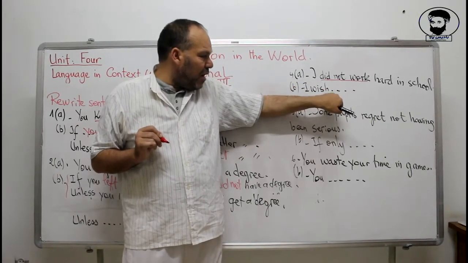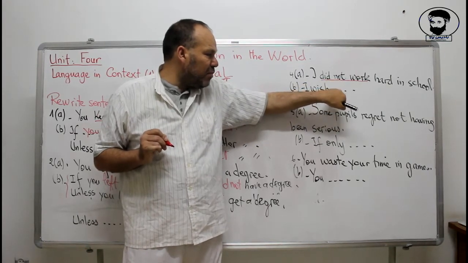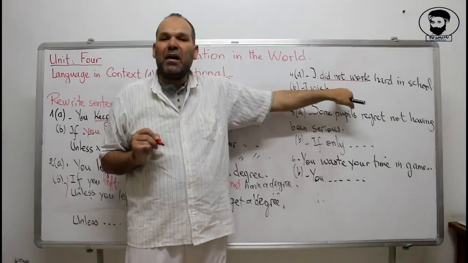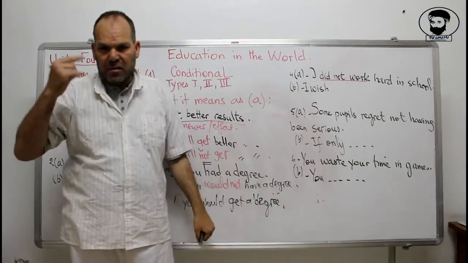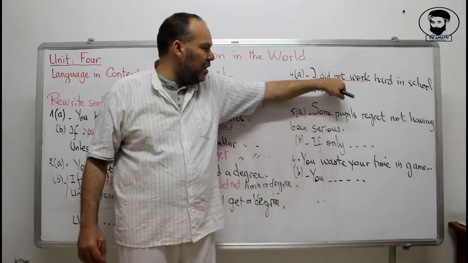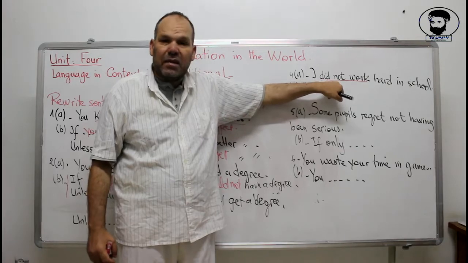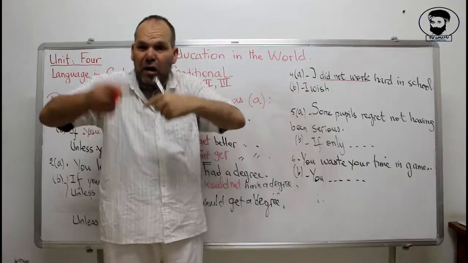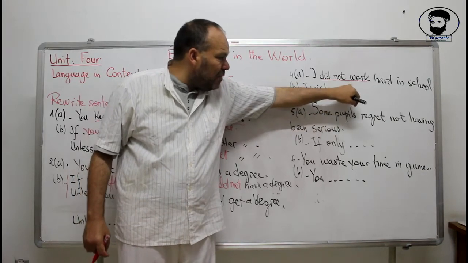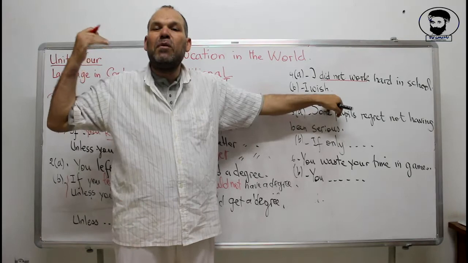So when you write it with a wish clause, this negative becomes positive, and the simple past becomes the past perfect. Let's repeat. Did not work, did not is the simple past, and did not is the negative. In the wish clause, it is the opposite. So here it is negative, here it is not. Now the verb is in the simple past, so automatically with wish it's in the past perfect.